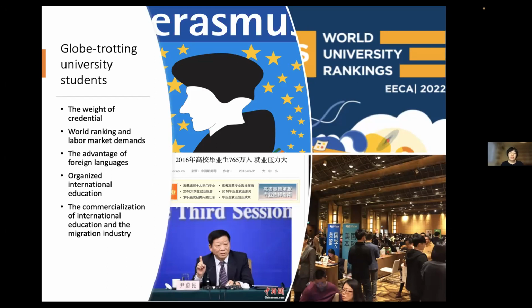So the weight of credentials is one reason that pushes people to seek higher education opportunities, especially when in their own countries the opportunities are not abundant. Also, some of the higher education institutions might not be highly rated, especially in the world ranking system.